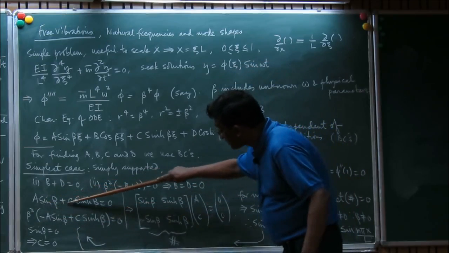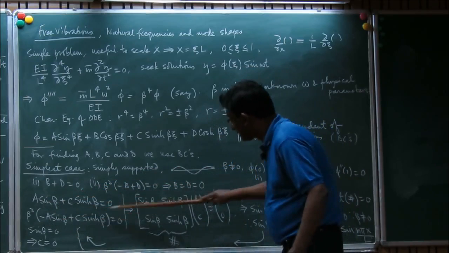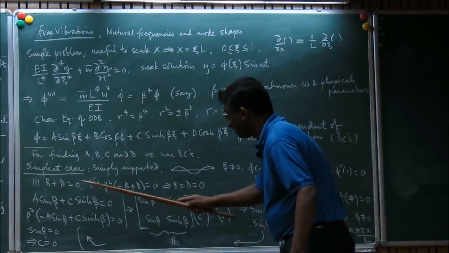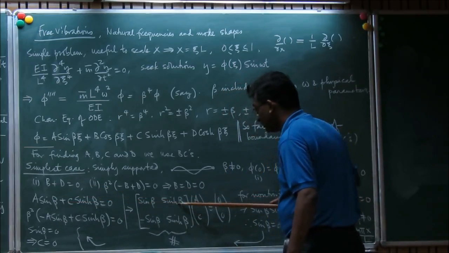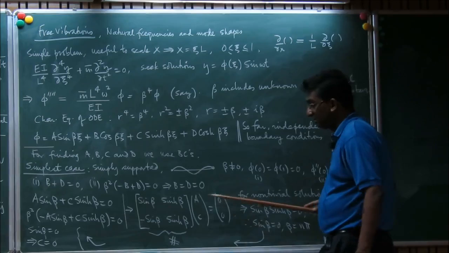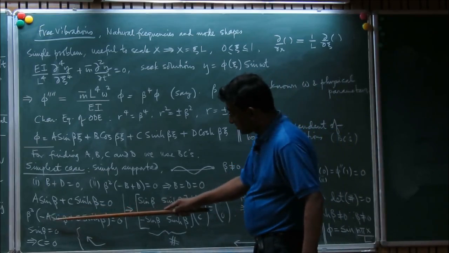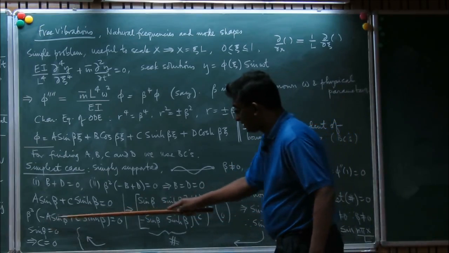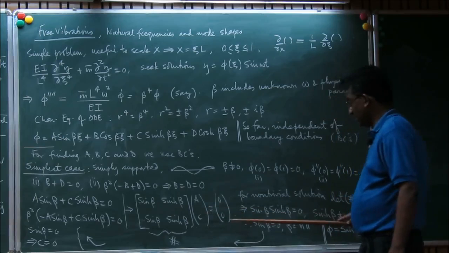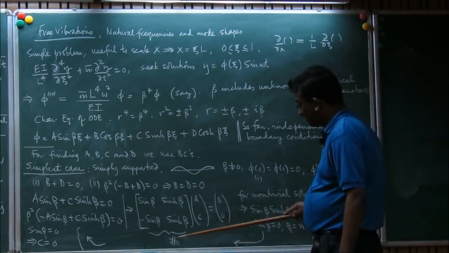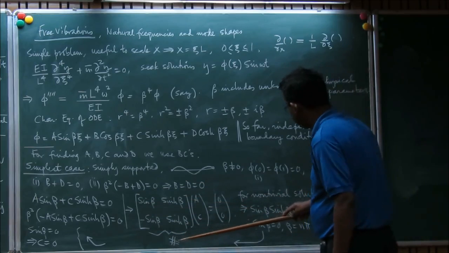So taking this equation here and this equation here, assembling them in matrix form, we get sine beta sinh beta here and here times a and c here and here is equal to 0, and similarly minus sine beta and sinh beta here and here times a and c here and here is equal to 0. I am denoting this coefficient matrix with this hash or pound sign.